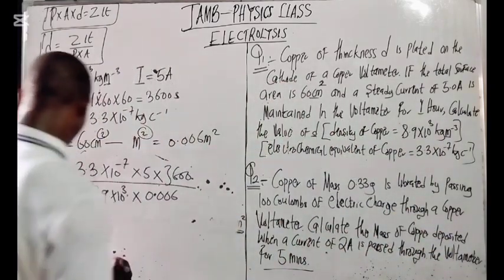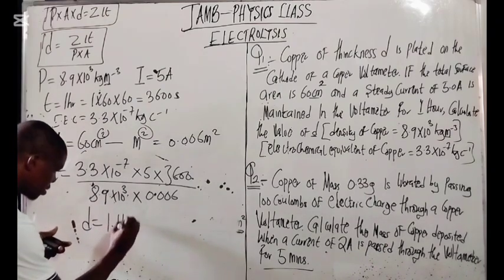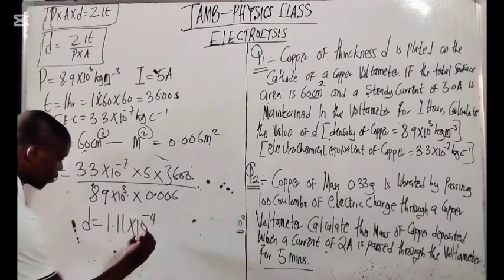So the answer here, my D equals 1.11 times 10 raised to the minus 4, right?